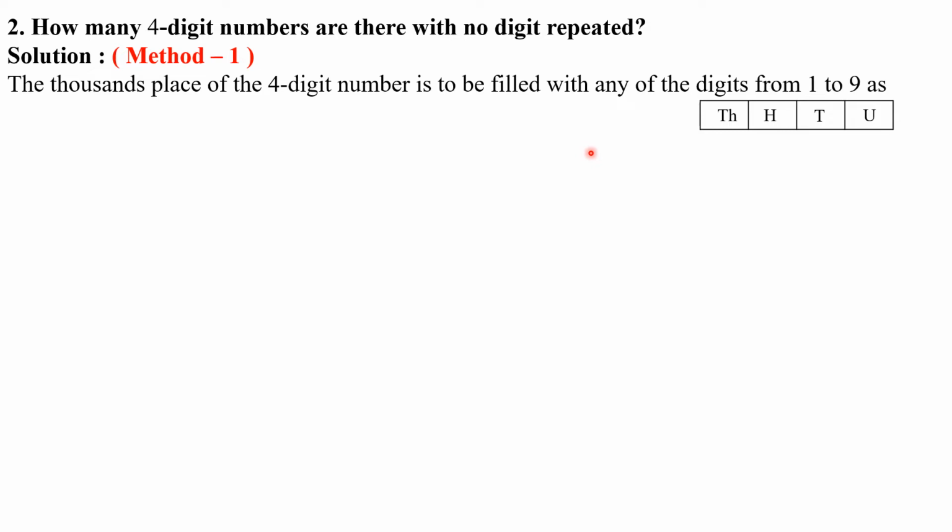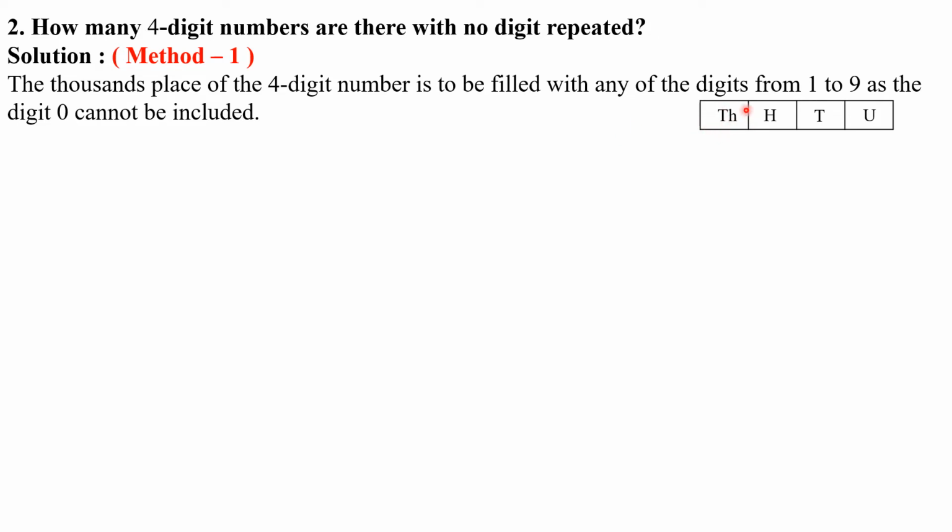Yes or no, my dear children? Can you fill the thousands place by 0? Then is it said to be a 4-digit number? No, not at all. So this thousands place, this first empty box can be filled by any one of the digits, 1 to 9. 0 cannot be included. Understood this sentence, my dear children?